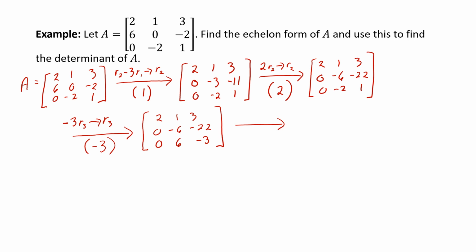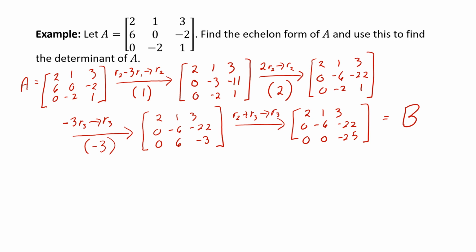Now for my final one, I'm going to do row 2 plus row 3 is my new row 3. And note that my row 3 has a coefficient of 1 in front of it. So this gives me this matrix, 0, 0, -25. Now I'm in echelon form. I'm going to call that B. So what's happened here?